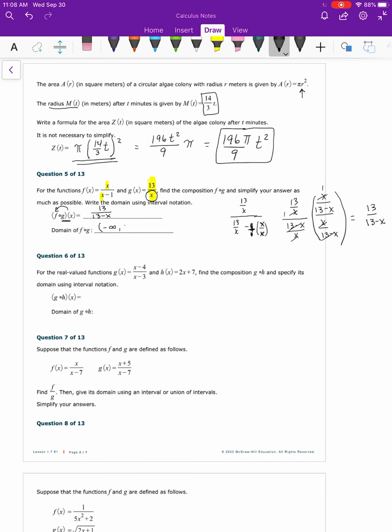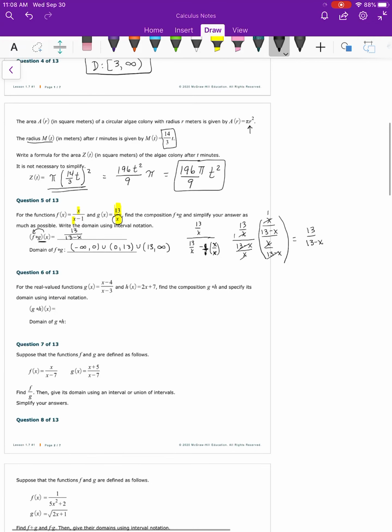So negative infinity to 0, union 0 to 13, union 13 to infinity. That's going to be your domain for this. And again, it was created by this. So x couldn't be 0.